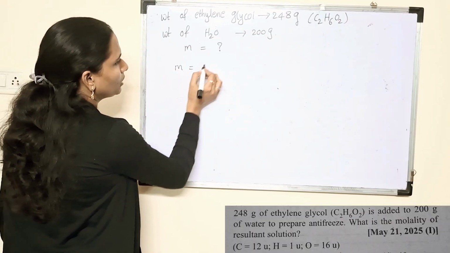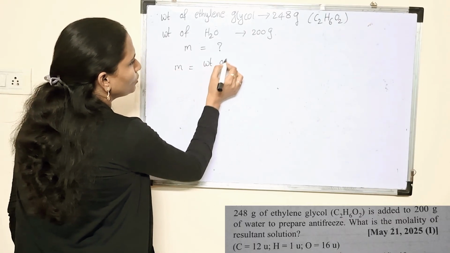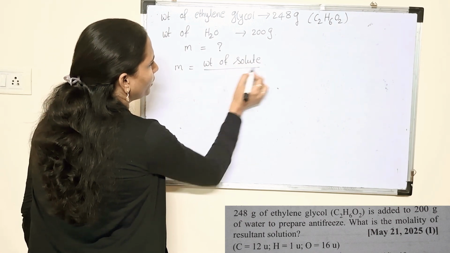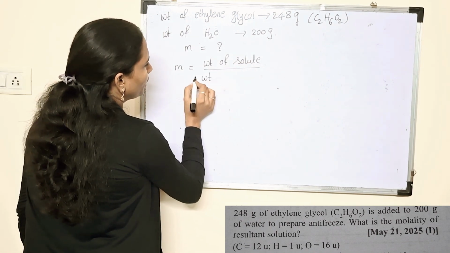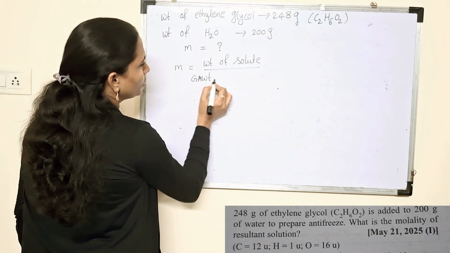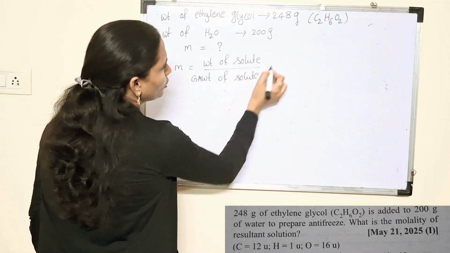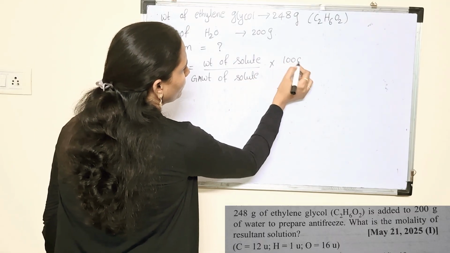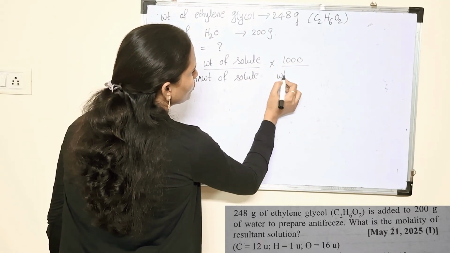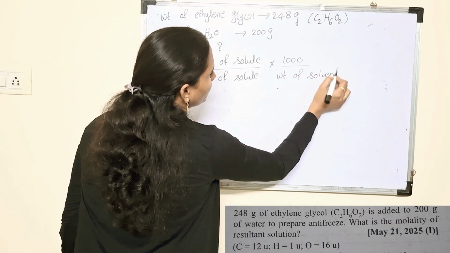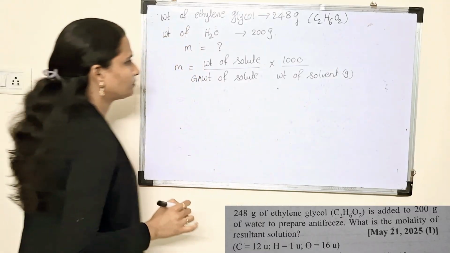Molality equals weight of solute by gram molecular weight of solute into 1000 by weight of solvent in grams. So this is the molality formula.